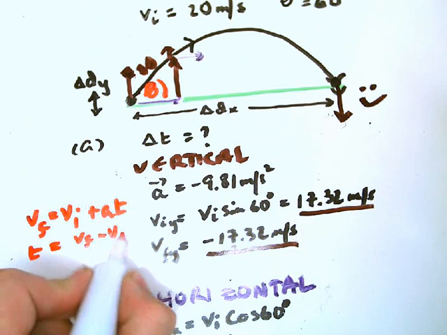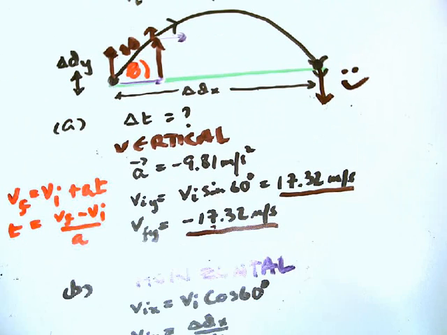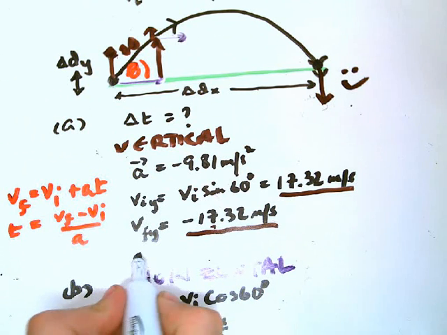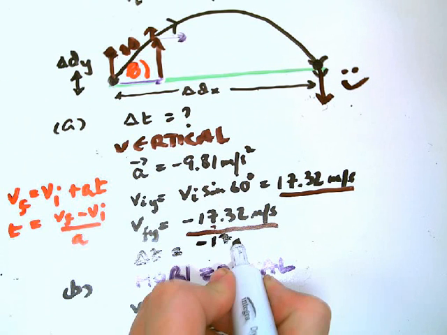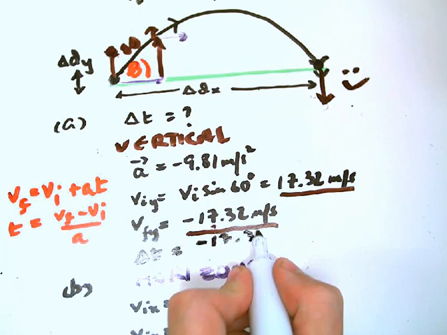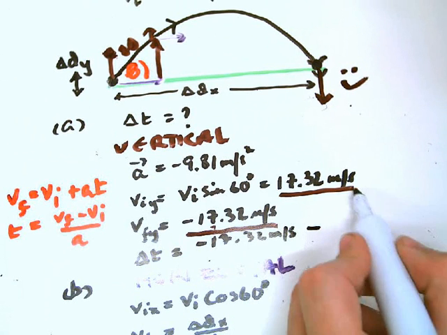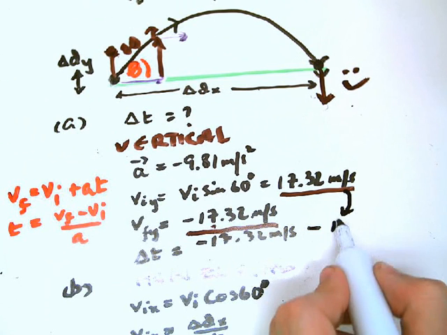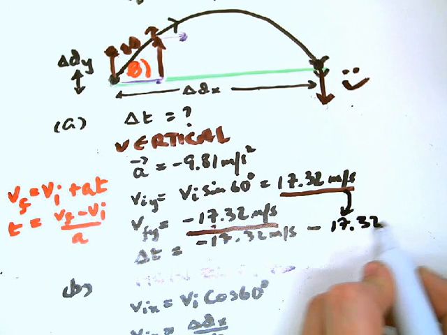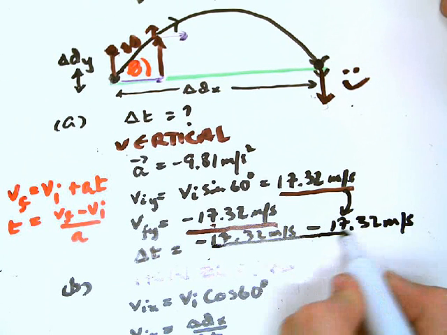So in this case, our delta t is going to be equal to negative 17.32. Then we're taking away our Vi, which is on this side, which was a positive, but we're taking it away. And the upshot of that is you're going to have this velocity value doubled, and that's all over 9.81 meters per second squared.